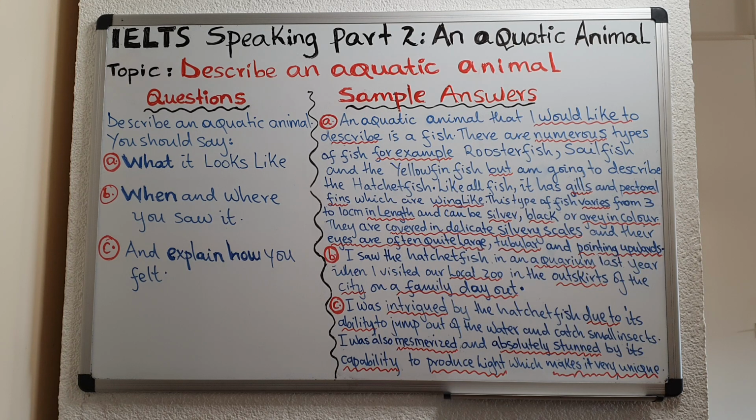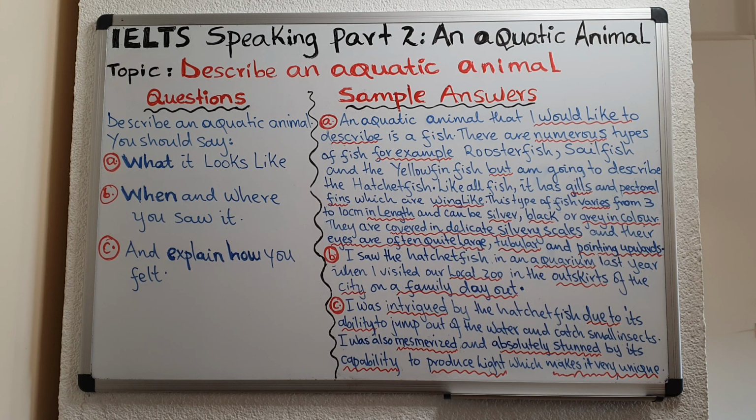I saw the hatchet fish in an aquarium last year when I visited. So the verbs there, saw and visited, are both in the past tense. Explain how you felt. Felt is in the past tense. So my answers are also going to be in the past tense. I was intrigued. Intrigued is in the past tense. I was also mesmerized.